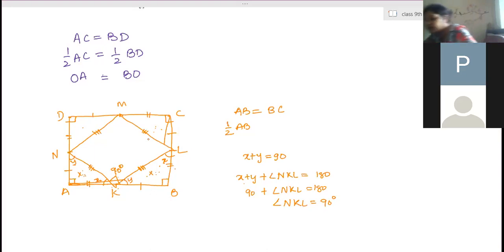Ma'am, if we join AC, there will be triangles APE and CPH. Triangle congruency won't work here because we don't know P is the midpoint of EF also.